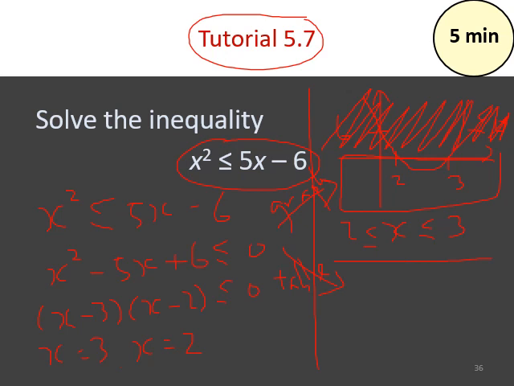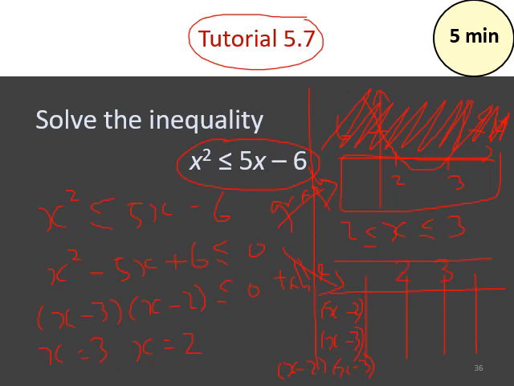Okay, the table way. The first one, we write the first factor, the second factor, and the last one is the total factors. Now we have 2 here, we have 3 here.